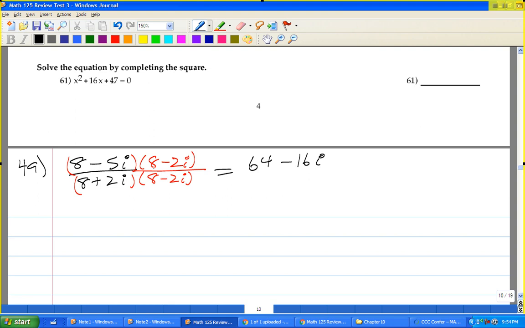Negative 5i times 8 is the negative 40i. Negative times negative is positive. 5 times 2 is 10. i times i is i squared. The denominator is a product of the sum and difference terms, so it's equal to the difference of their squares. 8 times 8 is 64. Positive 2i times negative 2i is a negative 4i squared.